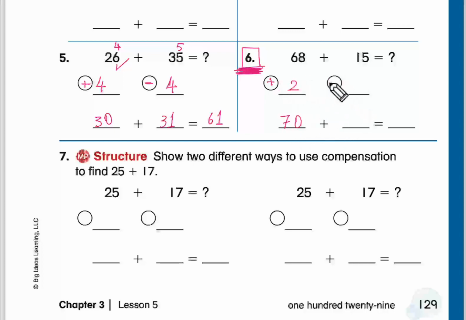Okay, and we will take these 2 from the 15. It will be 13. Wow, you are a star. Now, 70 plus 13? 83. Wow, I like how you explain. Thank you, my hero. Good work, Abdullah.